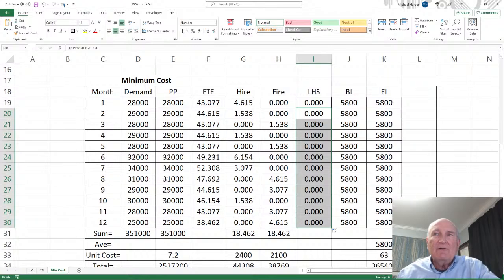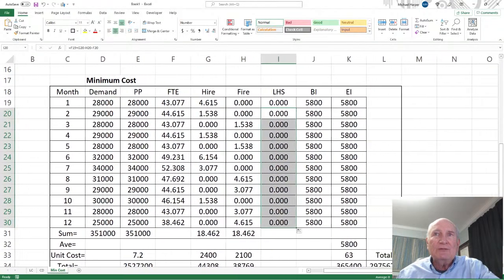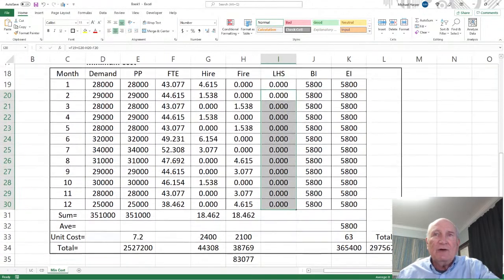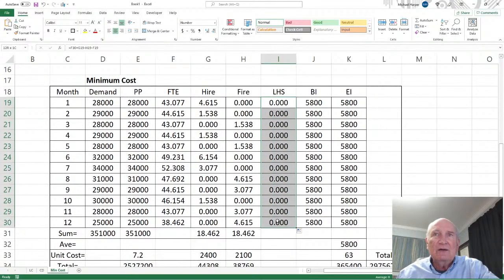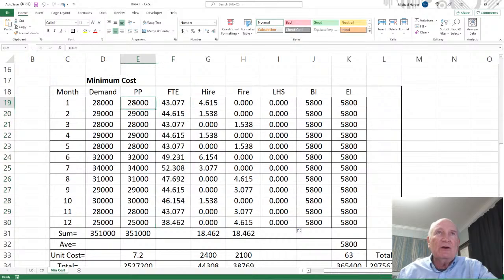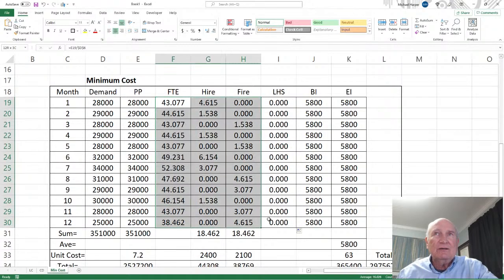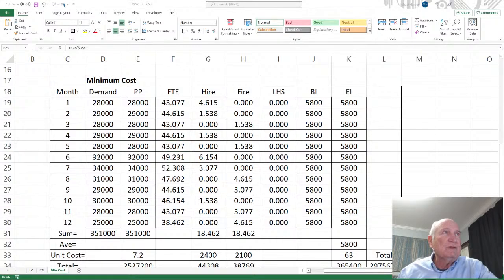Now the left-hand side will control our hiring and firing and our FTEs. Somehow we have to make sure that our production and our FTEs are connected. Everything's connected. So we're going to somehow connect your production, FTEs, hire, fire.